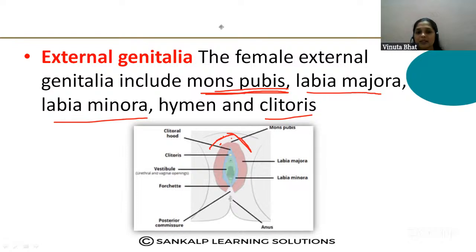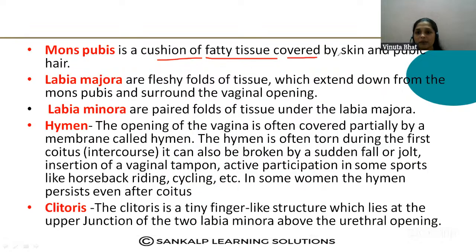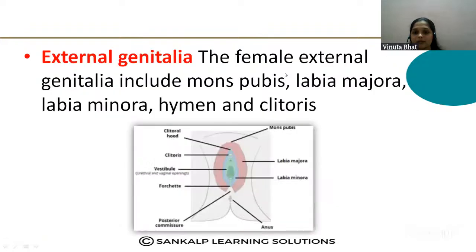Mons pubis is a cushion of fatty tissue covered by skin and pubic hair. Okay, so a cushion of fatty tissue covered by pubic hair. Look here, this is the mons pubis structure. And the labia majora, this is the labia majora layer, right?